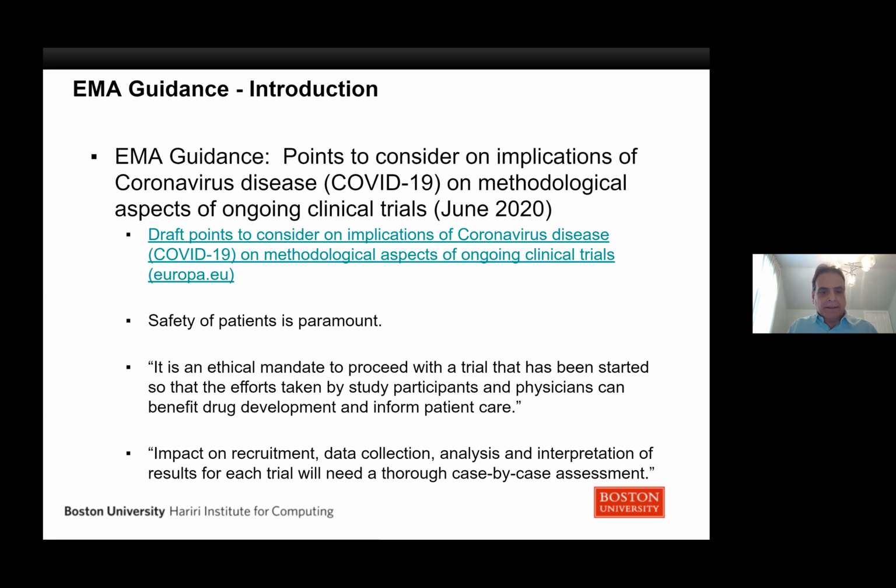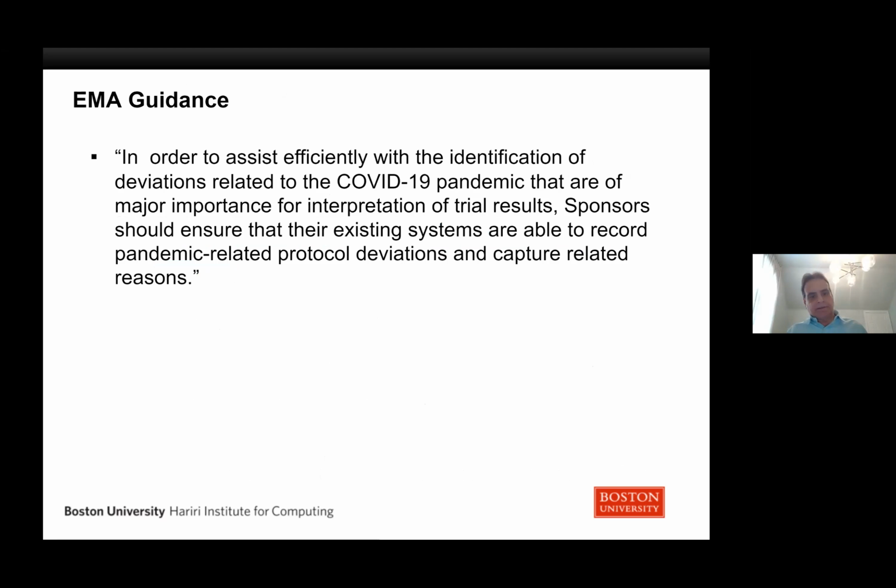The impact on data collection, analysis, etc., is on a case-by-case basis. There's not one global approach that can be made in all situations in terms of modifying ascertainment or modifying analysis. Everything has to be done on an individual study basis.